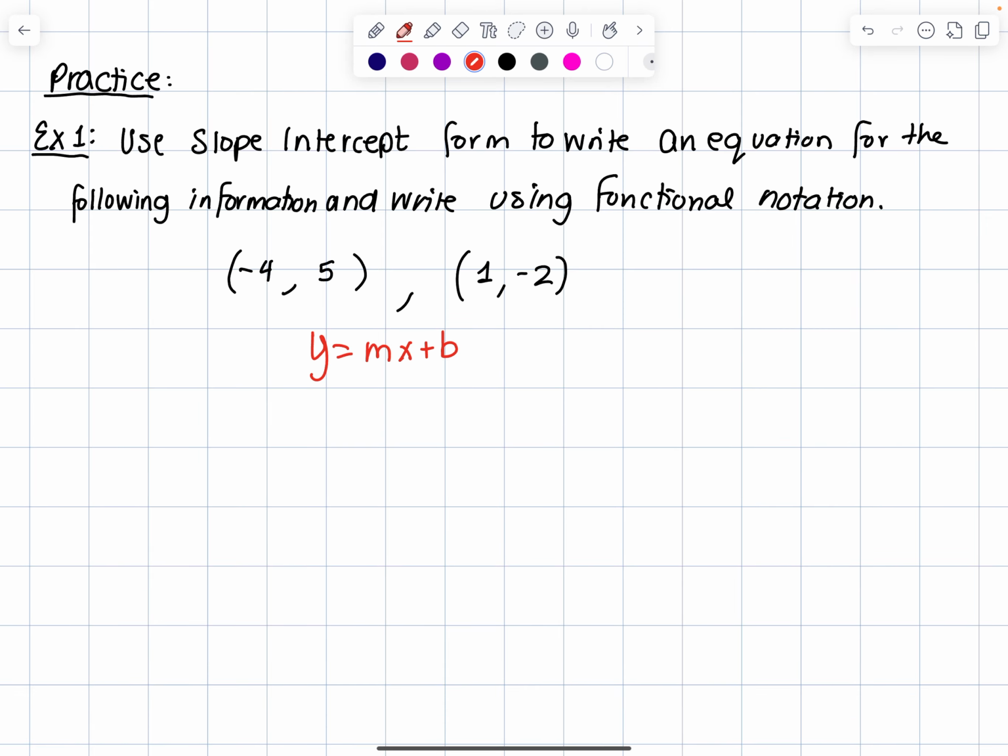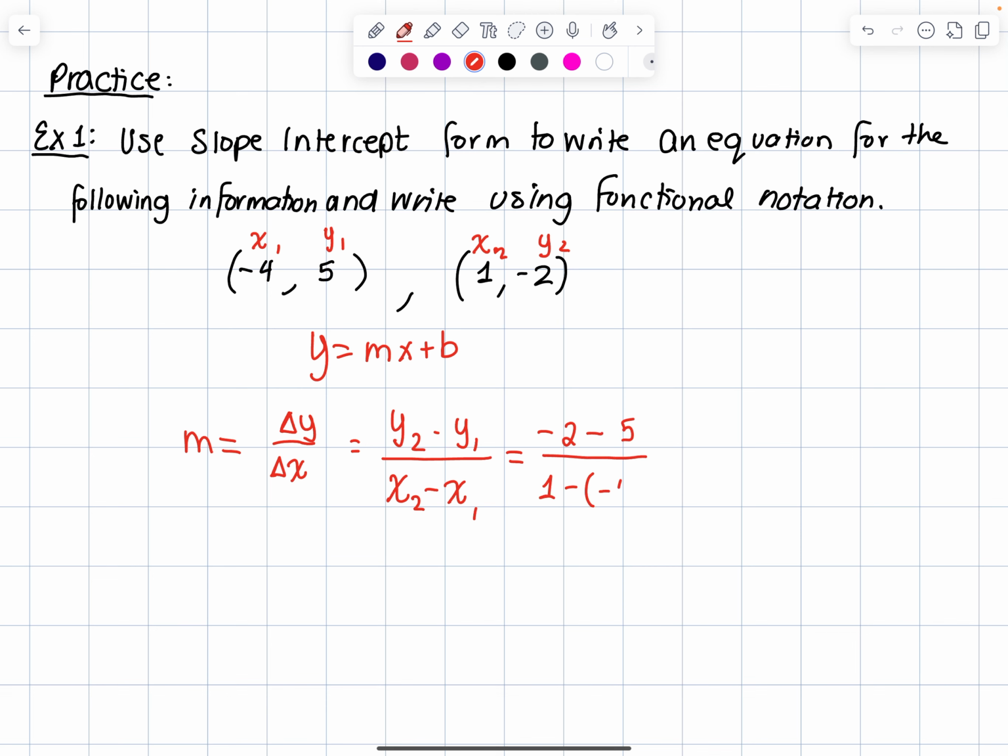All right, so the first thing that we're going to do is calculate our slope. So m equals the difference of y's over the difference of x's. We'll call this y1, and this is y2, x2, x1. So we have y2 minus y1 all over x2 minus x1, which is negative 2 minus 5 all over 1 minus 4.